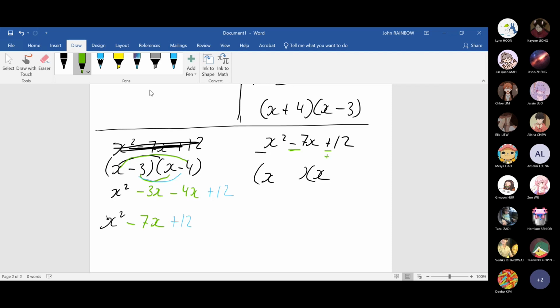It can either be a positive multiplied by a positive or a negative multiplied by a negative. To get -7, if this is positive, then it would be a positive plus a positive, which would equal a positive. But if it was a negative plus a negative, that would equal a negative number. So what I'm really trying to say is because this is negative, I know that needs to be negative and negative. And that's how I can figure out my things.